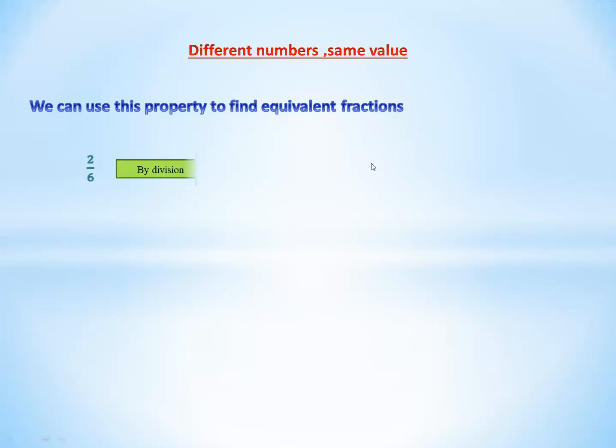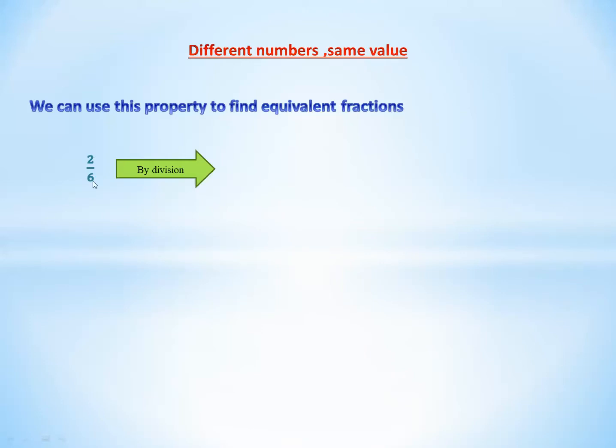We can also use the property to find equivalent fractions by dividing. 2 over 6: why here must we divide? Because 2 is a factor of 6.